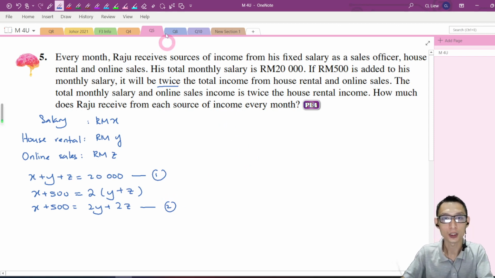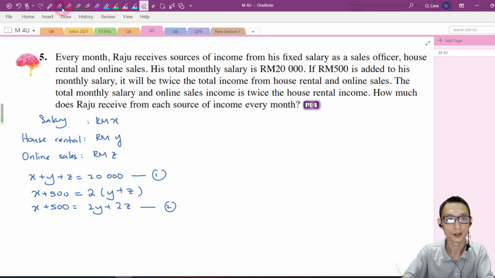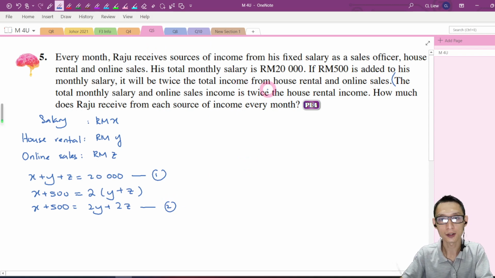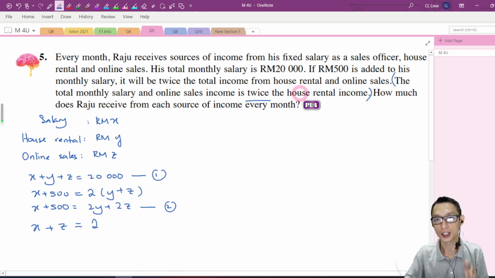Now let's go to another sentence over here. The total monthly salary and online sales z is twice the house rental income 2y.